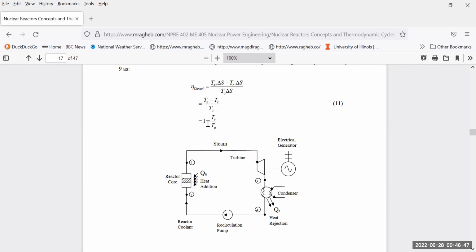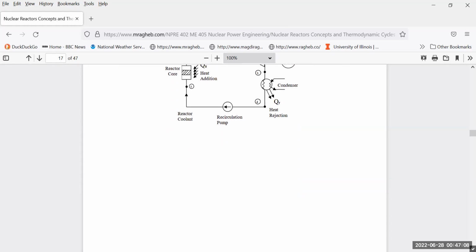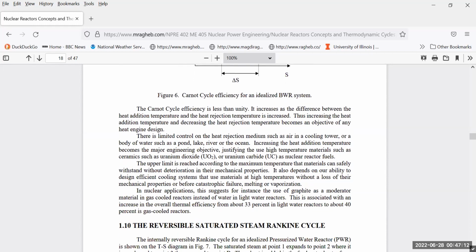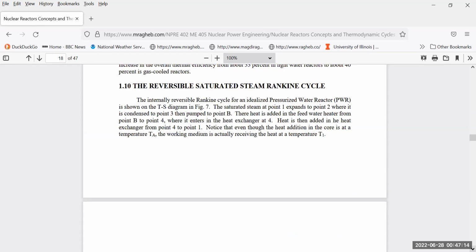Sometimes it's written as 1 minus T sub rejection divided into TA. Please remember, because some people still make that mistake, when you substitute for temperature in the Carnot cycle efficiency, it's Kelvins, not Celsius, not Fahrenheit. And I'll give you a problem so that you can remember this for the rest of your career. Some people still make the mistake of substituting the wrong units in general.